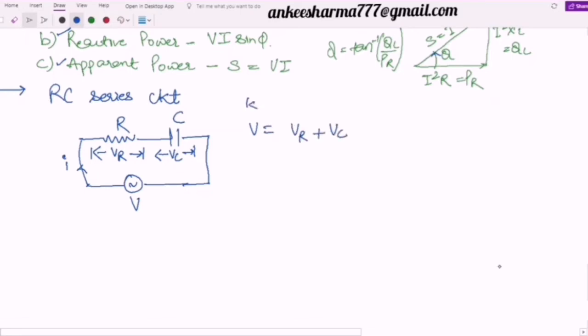If I apply KVL here, the total voltage V must be equal to the sum of the voltages VR plus VC, and V can be written as, as in the earlier case, small i into Z, and this VR must be equal to small i into R with the angle of 0 degree, plus small i into the voltage VC.